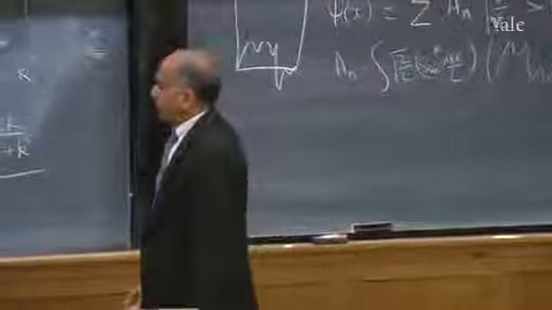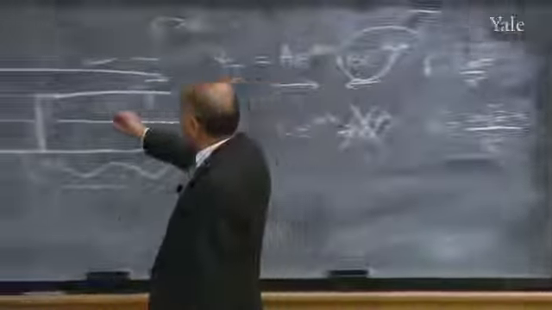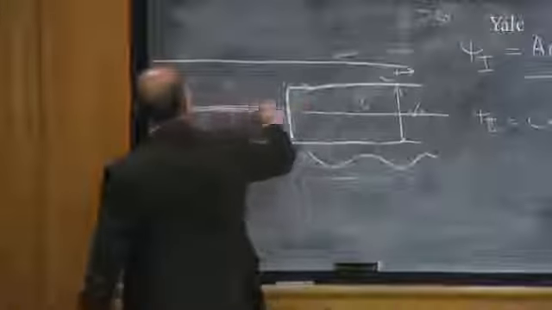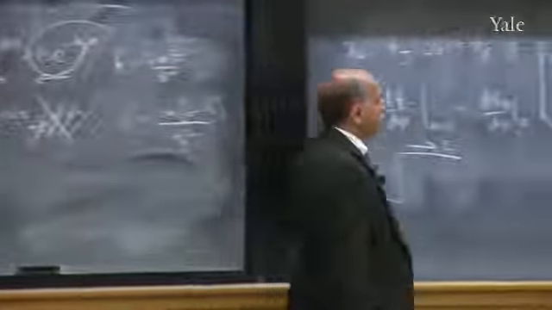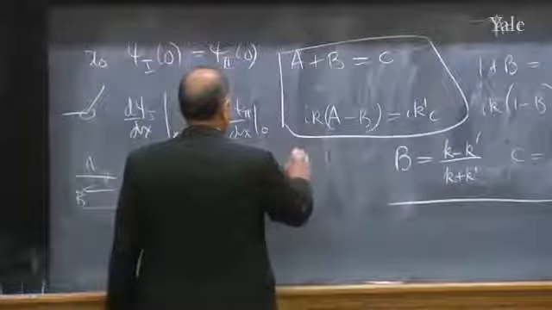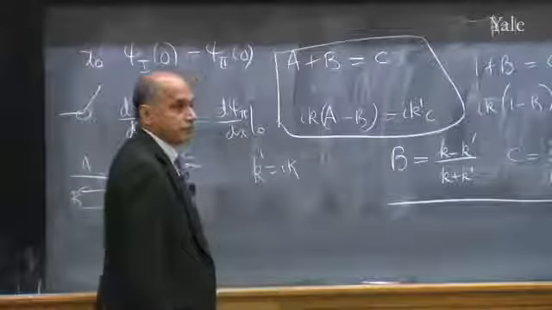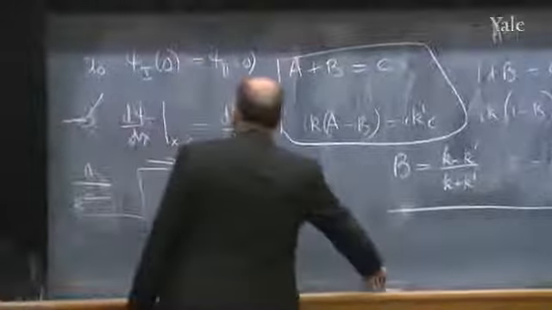The last example is, what if your energy is less than this? What if your energy is like here, lower than the barrier? If it's lower than the barrier, you will find that k prime will be equal to i times some kappa, because it will become imaginary, and you will have then a function that looks like this.